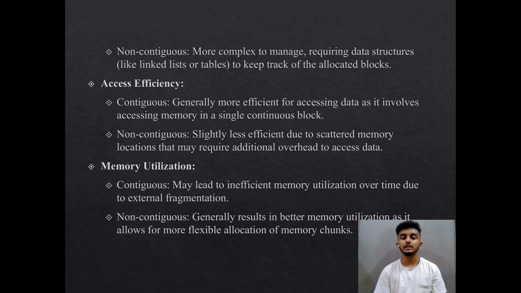Non-contiguous: slightly less efficient due to scattered memory locations that may require additional overhead to access data. Memory utilization. Contiguous: may lead to inefficient memory utilization over time due to external fragmentation. Non-contiguous: generally results in better memory utilization as it allows more flexible allocation of memory chunks.